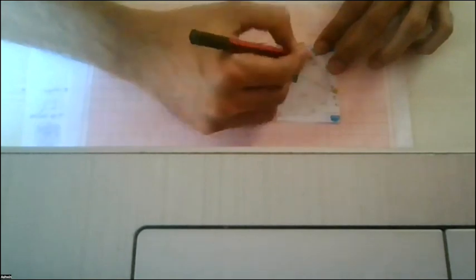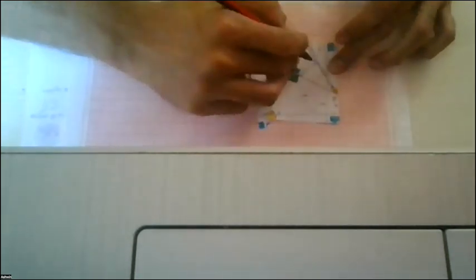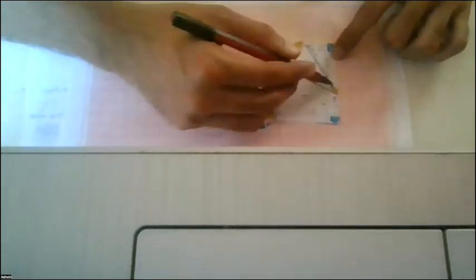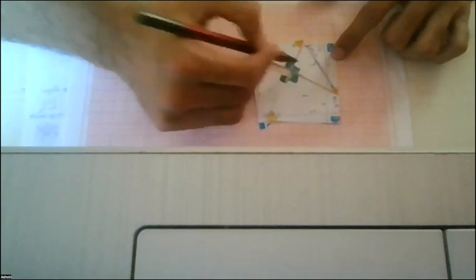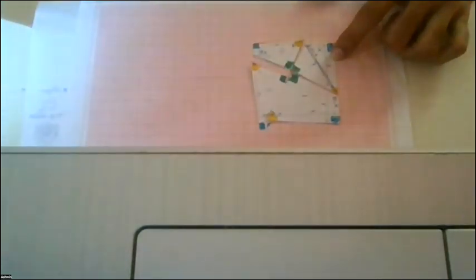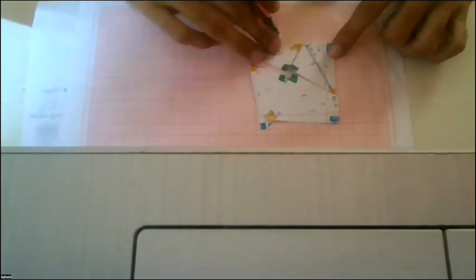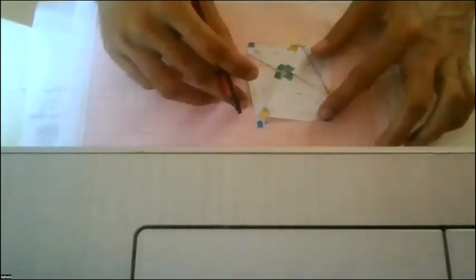If I draw this line, basically the diagonal, this diagonal will be this square plus this square. It's also this square plus this square. Pythagoras, okay. I'm wondering if that will lead to something.